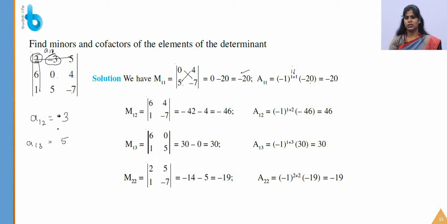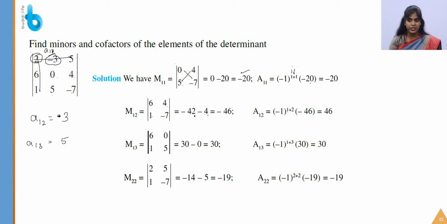So the minor of minus 3 is what? This first row, second column we should neglect. So we will get 6, minus 7, 1 and 4. 6 into minus 7 is minus 42. Minus is there in the formula. Minus 4 into 1 is minus 4, which is equal to minus 46.